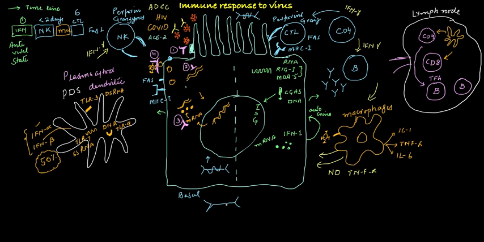So this is the normal way IgA antibodies have to be released into the GI tract, in particular respiratory tract, and urogenital tract at the mucosal surfaces.